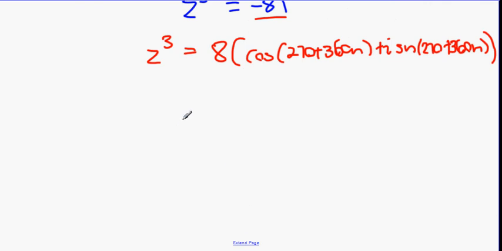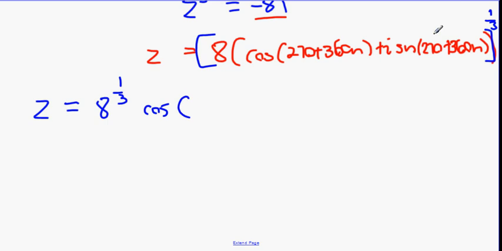So what we have next is this here. Now we're going to do z cubed. We're going to bring the 3 over to the other side, and this affects it in the following way. The 3 will disappear, and it's going to be to the power of a third. Now this a third affects the r value, so it's going to be 8 to the power of a third, and we're going to have to divide each of these angles by 3.